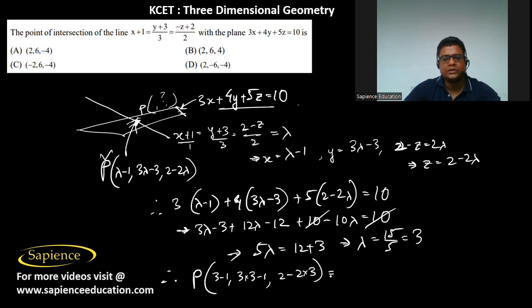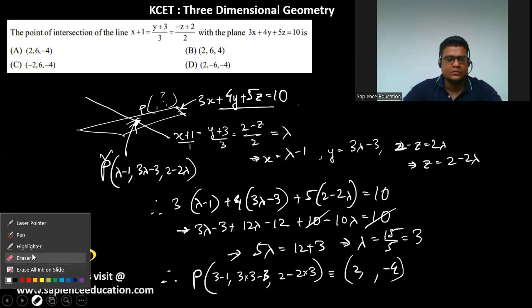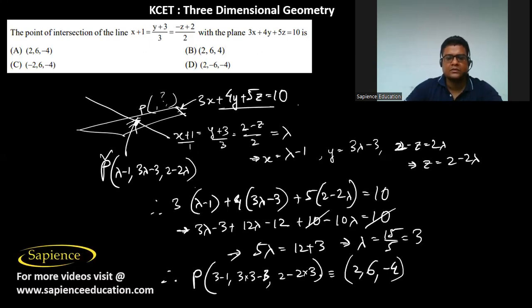Sorry, 9 minus 3 is 6. So this is (2, 6, minus 4). So option A is the correct answer.